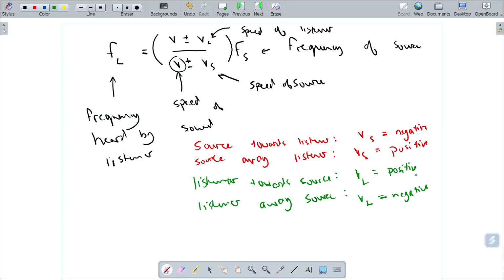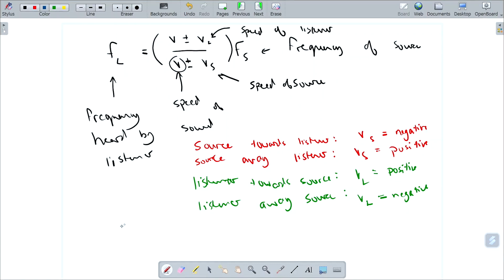So what we will do, we'll only look at either the source or the listener moving in this case. So we won't consider both of them. And for us to do that, let's look at some example.